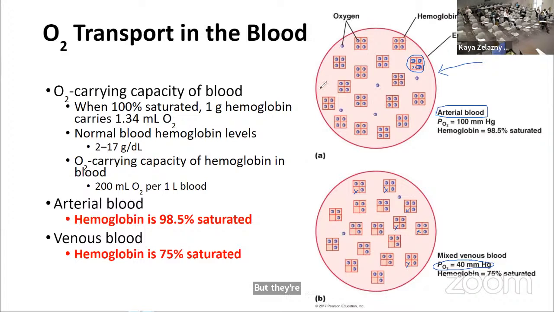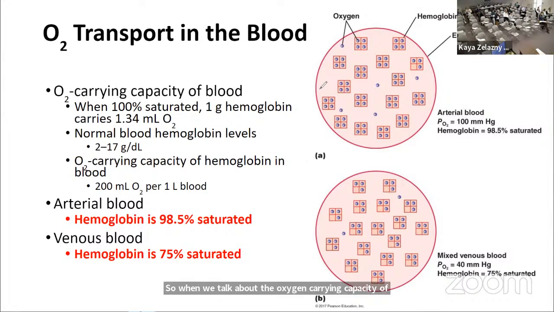Okay. So when we talk about the oxygen carrying capacity of blood, what we're talking about is basically how much oxygen can we fit into the hemoglobin molecules that you have in your body circulating around. So to figure that out, we also have to make an assumption about how much we're filling up each hemoglobin molecule.